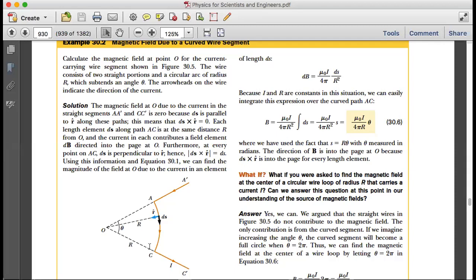Then the magnetic field, according to the Biot-Savart law, is mu 0 I over 4 pi, ds over r squared.